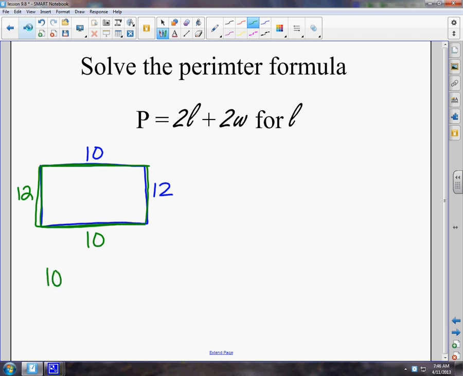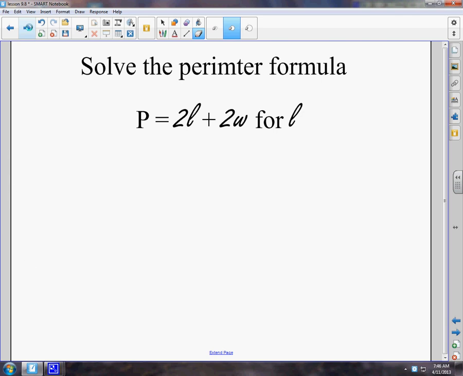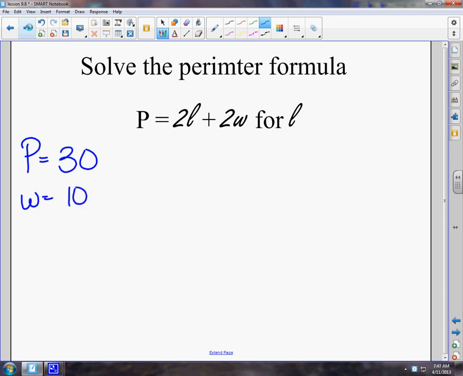So it would be 10 plus 10 plus 12 plus 12. Now, what if I didn't know my length, and I knew what the total perimeter was? I know that my perimeter is 30 and my width is 10. You would have to try and find out what L is.